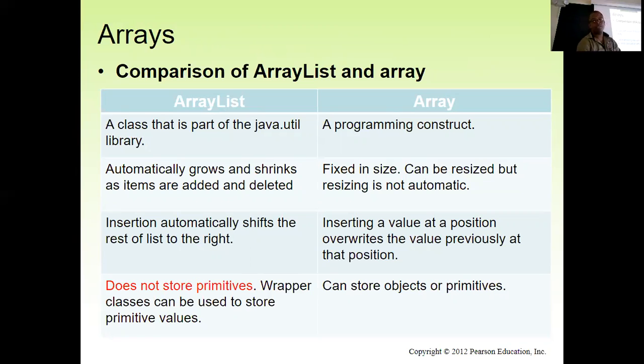Now, inserting into an array list shifts the rest of the list to the right. So if I have 10 things in the list and I want to insert something at position 8, the item at position 8 gets shifted down one place to make space.